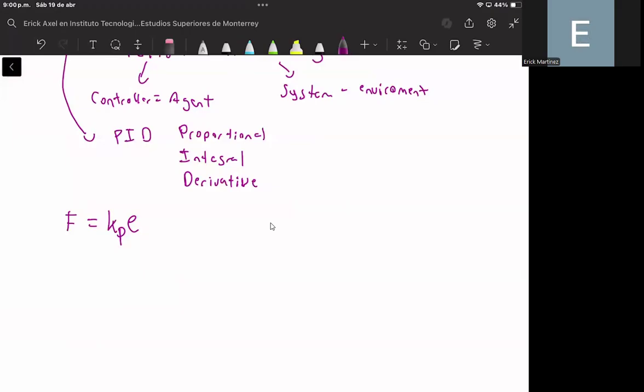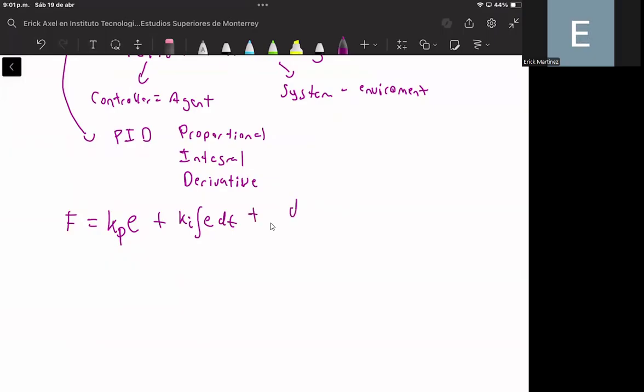Plus the integral action, which means that we are computing the integral of the error across time, multiplied by a constant that I will label Ki. This is the integral gain.